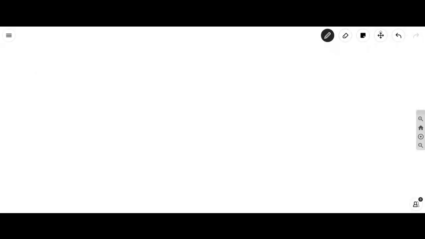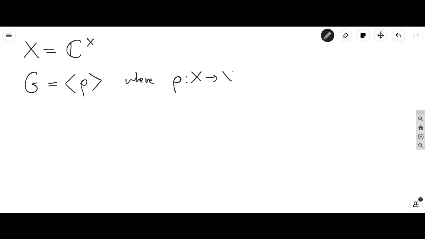Now, let me show you another one. Okay, so here, let's say X is the punctured complex plane. And G is going to be the group generated by rho, where rho, so this is an automorphism, is a rotation by 120 degrees.